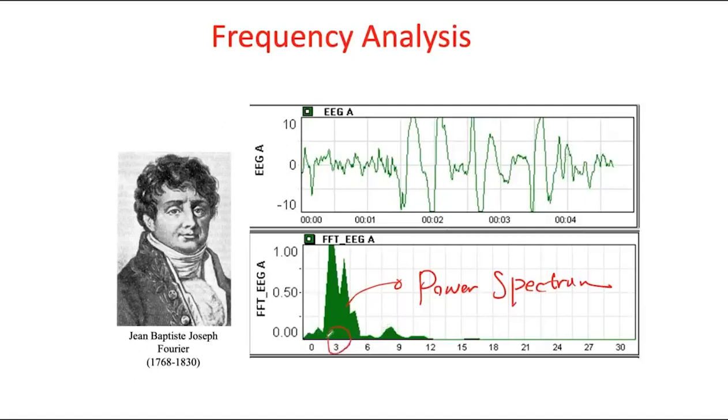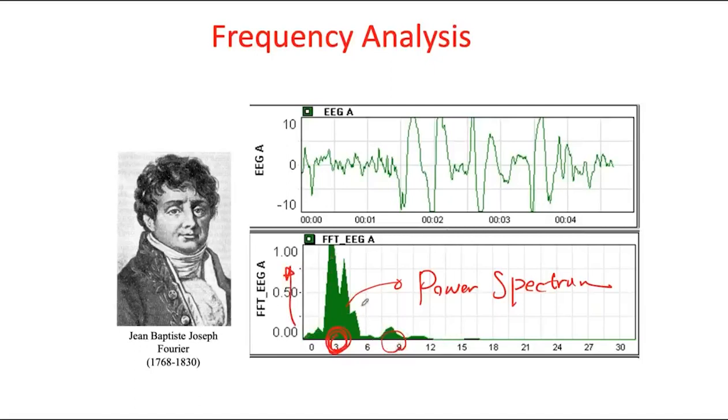So we know that we have lots of activation in the 3 hertz or 9 hertz frequency, and this one shows the power or the amplitude, how much power or energy you have in different frequencies.